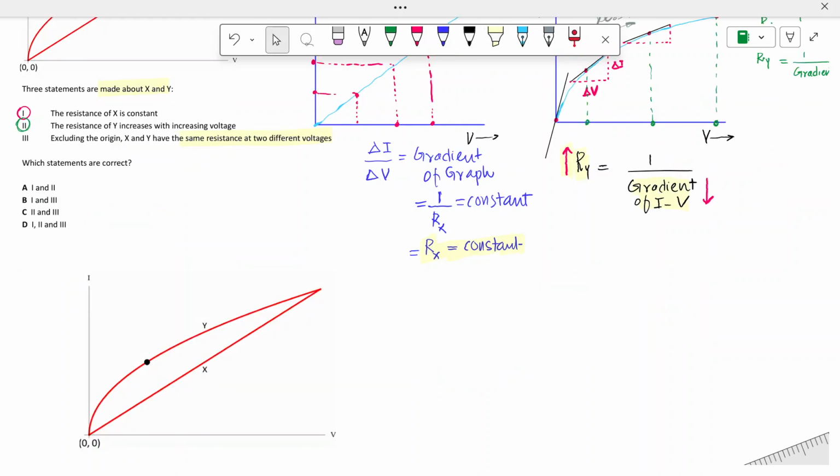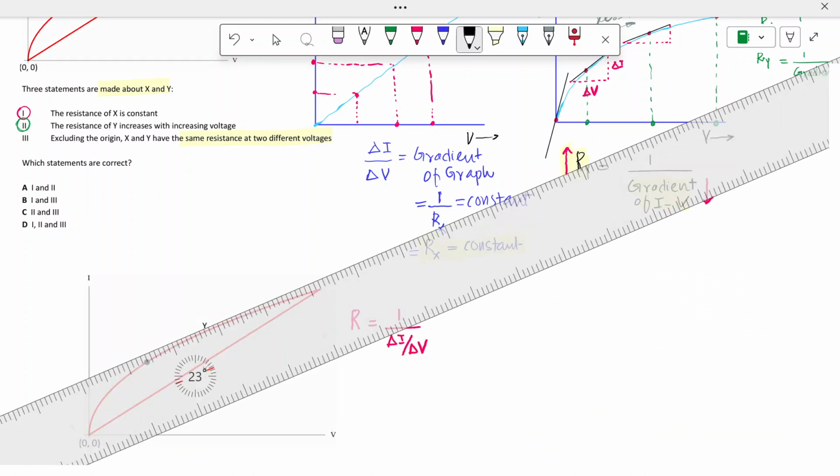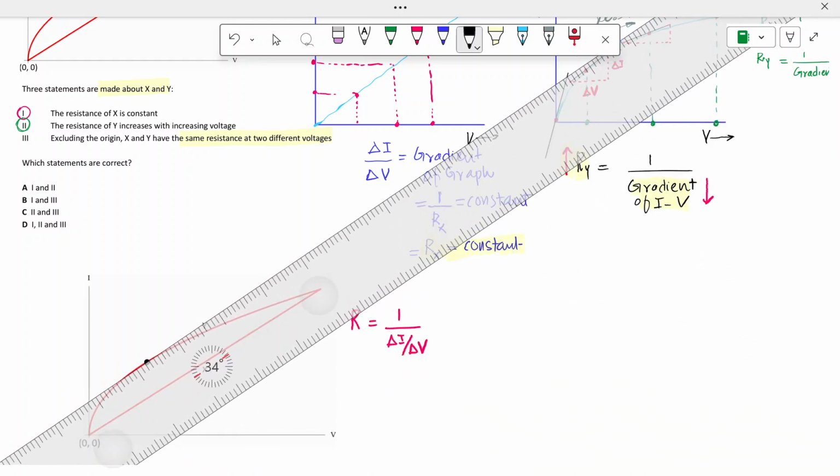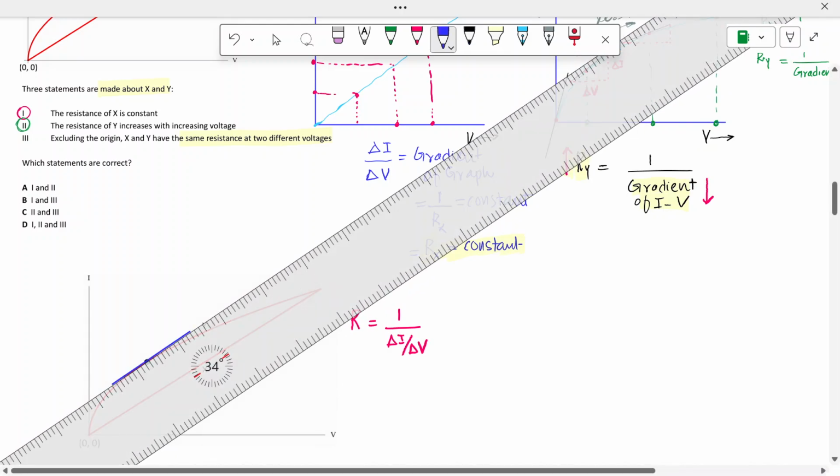To investigate this option, I must remind you again that the resistance is equal to 1 over the gradient of this graph, which is delta I over delta V, and the resistance of X is constant. So dear students, for example, if I draw a tangent line at this point, which is this one.